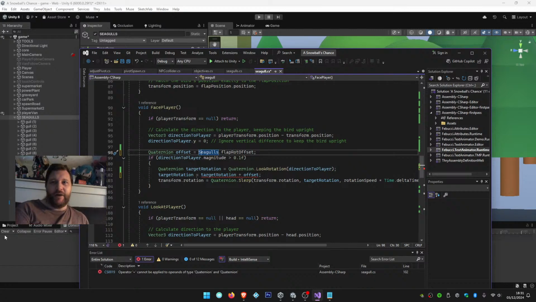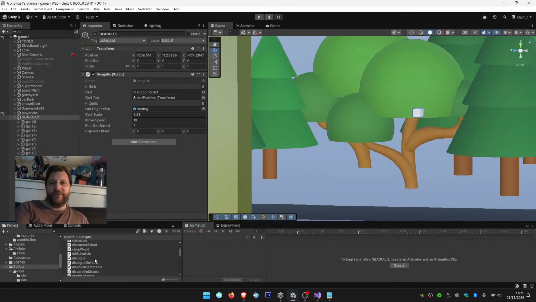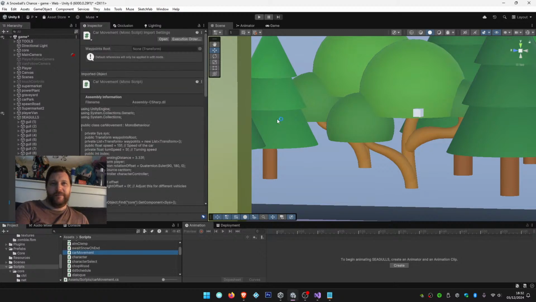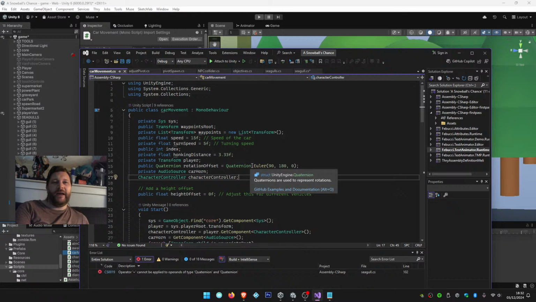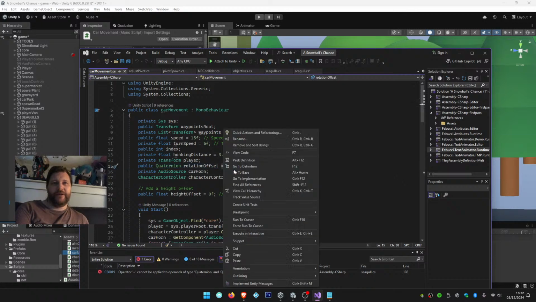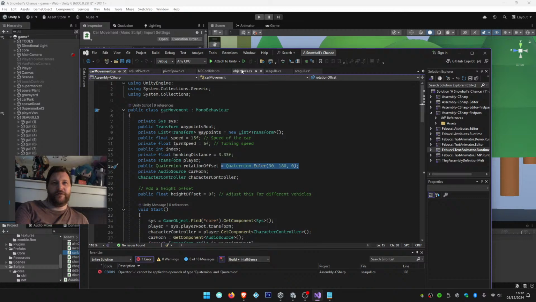Okay, let's see how did Muse do it exactly? So car movements has a rotation offset, which is a quaternion. Oh wait, it's a quaternion Euler. So it's constructed as a quaternion Euler, which has some example parameters in there. Huh, that's interesting.